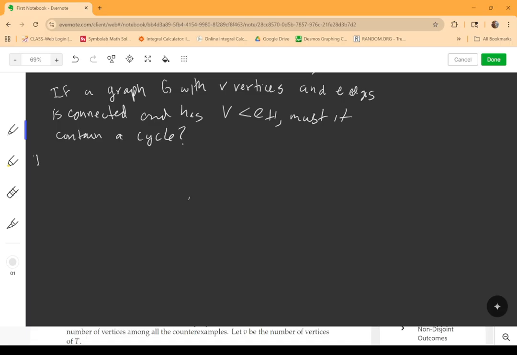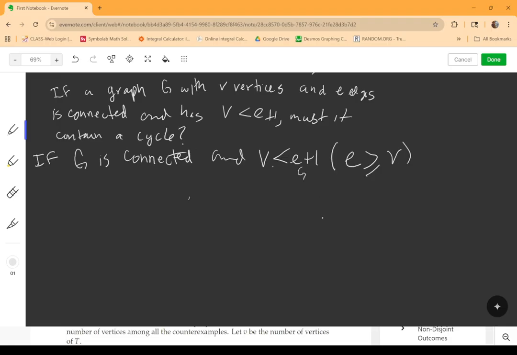Let's say that if G is connected and V is less than E plus 1, or another way to think of this, that E is greater than or equal to V. Again, call it E sub G to avoid confusion, the edges in graph G. And again, these are discrete values, so V less than E plus 1 is the same as V less than or equal to E. So if this is true, our hypothesis, then the conclusion is that G must contain a cycle.